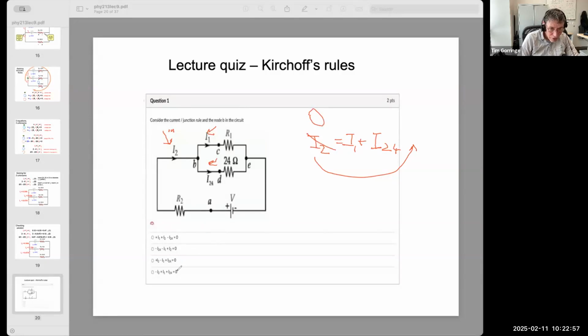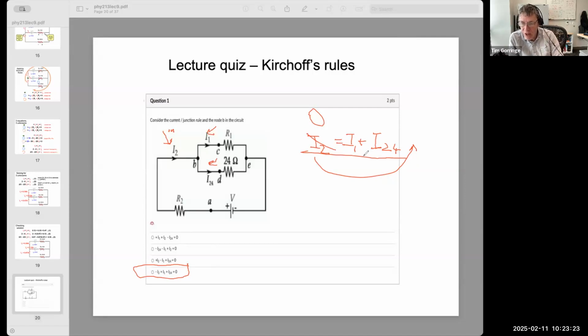So that's where the 0 comes from. I'm looking for an equation where we have a negative I2 and positive I1 and I24. So this is the correct equation. It's exactly the same as this equation, just rearranged with I2 moved from one side to the other.